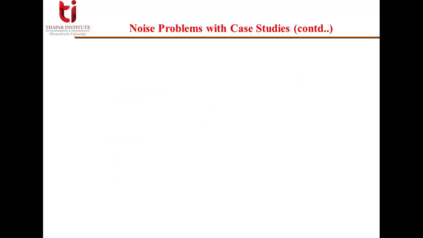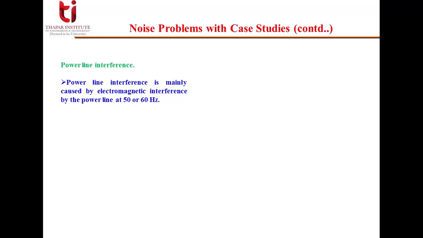Now, next is the power line interference. These signals are of much lower frequency compared to our communication signals, but they are within the band of biomedical signals. The power line waveform, or interference, is mainly at 50 or 60 hertz.